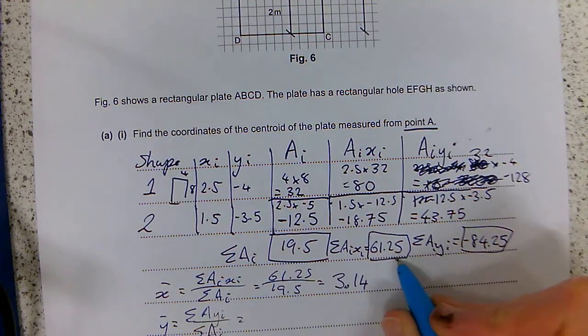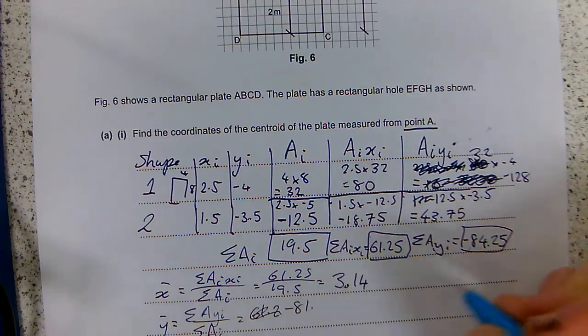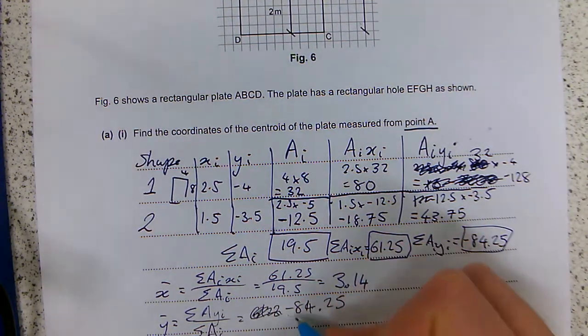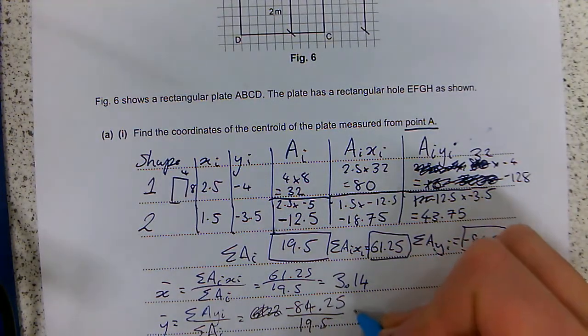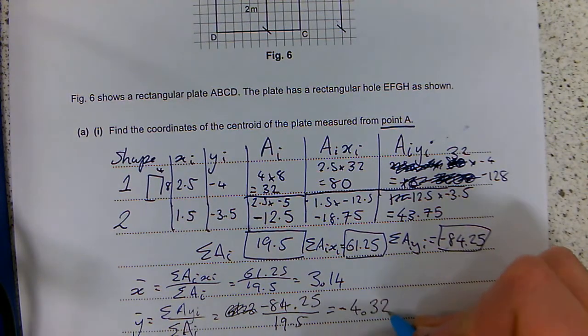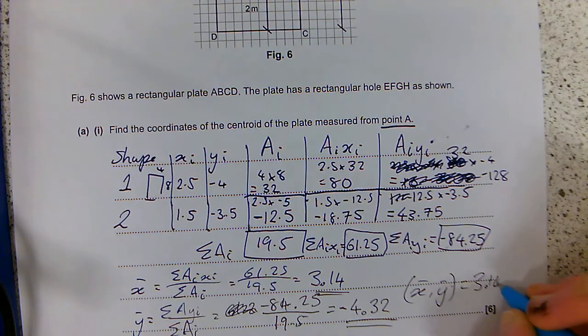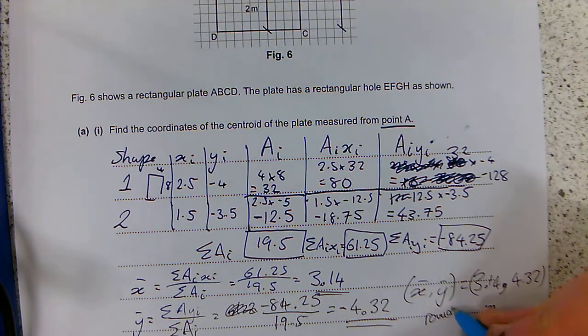That is going to be minus 84.25, a bit of number blindness today, divided by 19.5, so about minus 4.32. So our centroid of the shape is 3.14, minus 4.32, but if we were giving that rounded, we would say 3.1, minus 4.3 is our answer there.